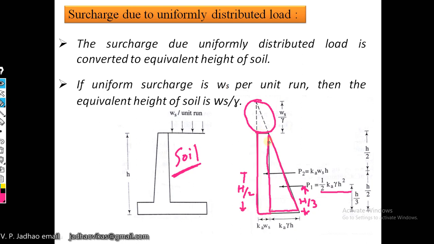The magnitude will be the area of this rectangular portion, which is Ka Ws into h, where Ka Ws is the intensity of pressure shown here, and h is the height of this retaining wall.